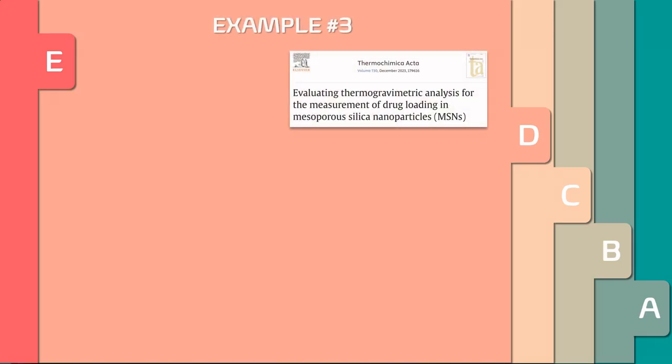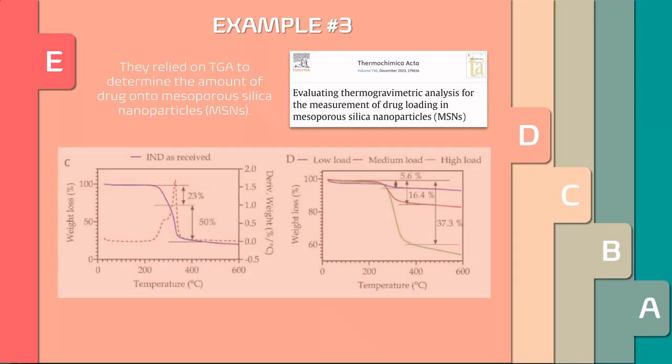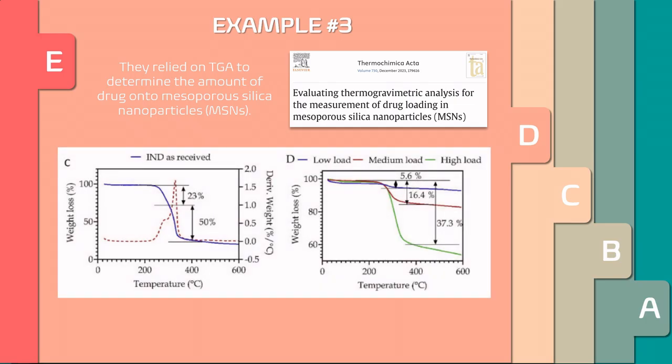The third example shows how TGA can be used to determine the amount of drug loaded or carried by another inorganic platform. In this study, researchers developed a TGA method to measure the loading of indapamide in mesoporous silica nanoparticles. As happens for a major part of drugs, indapamide decomposed almost completely at a certain temperature.